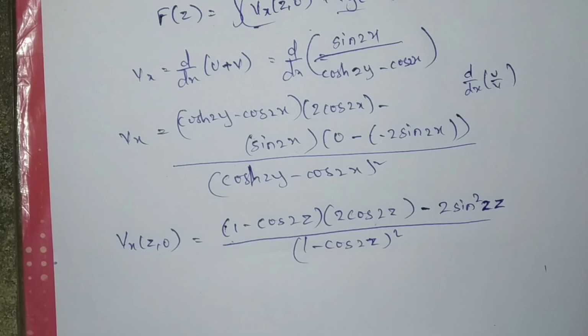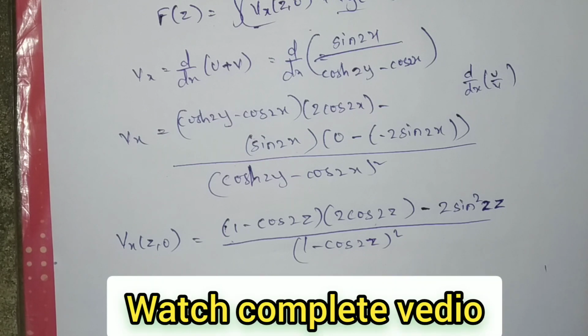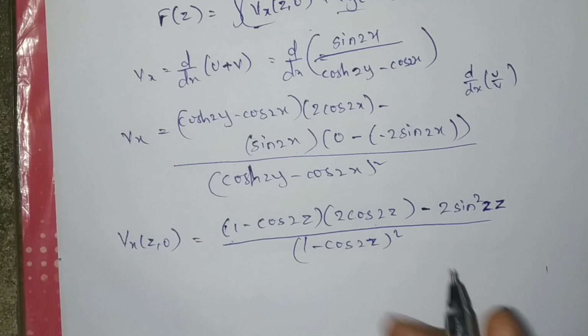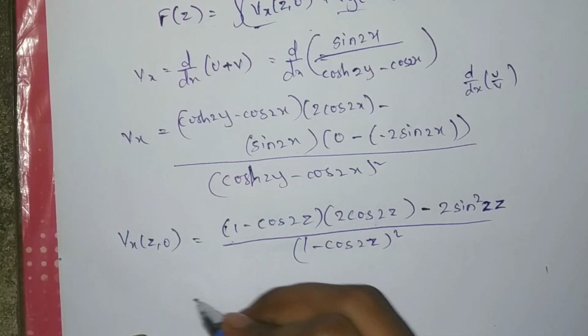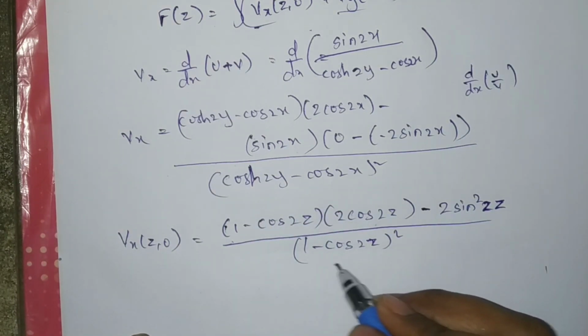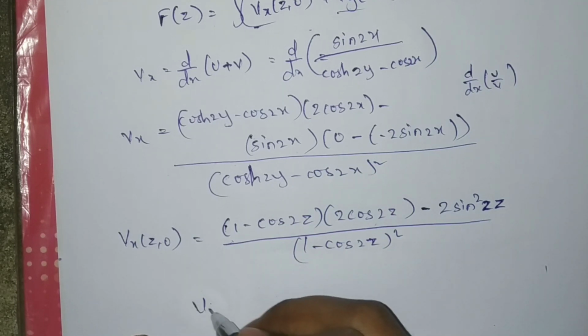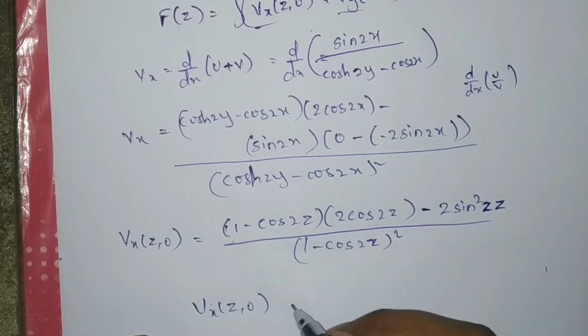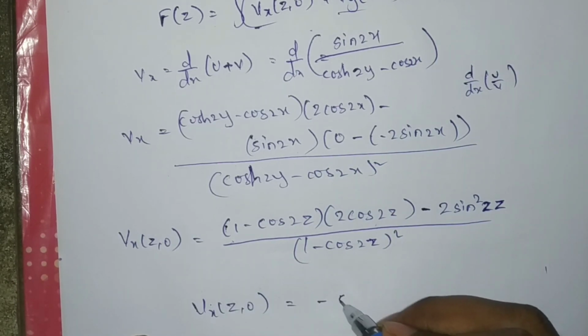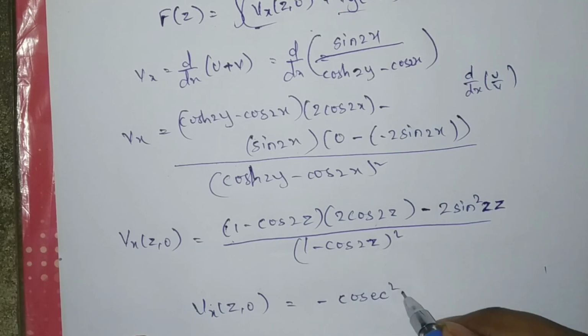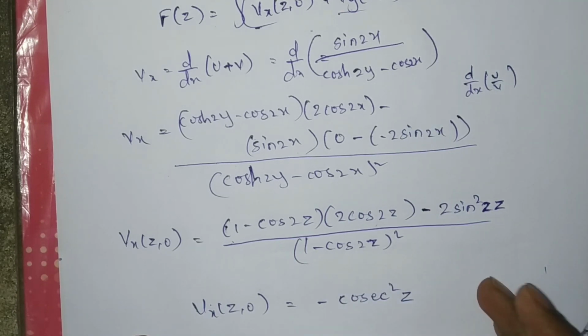I am doing this directly because everyone has seen the first example, so it will be easy to understand. If you simplify this, the value of vx at (z,0) becomes minus cosecant square z.